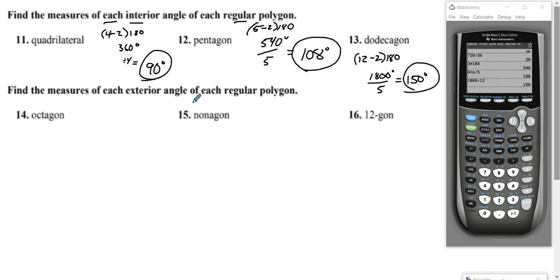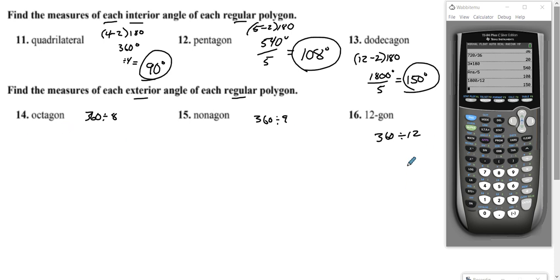So each angle is 150 degrees. Find the measures of each exterior angle of each regular polygon. Well, the sum for the exterior angles is always 360. That never changes. So to find each one, we just divide that by the number of sides. 360 divided by 8. This is going to be 360 divided by 9. And this is 360 divided by 12.